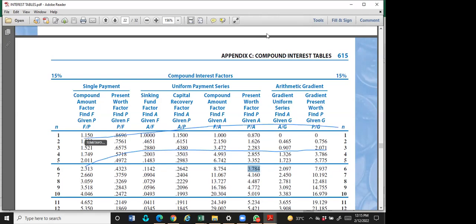Okay, so I'll go back to my stuff. So P is now equal to 5,000 multiplied by 3.784.